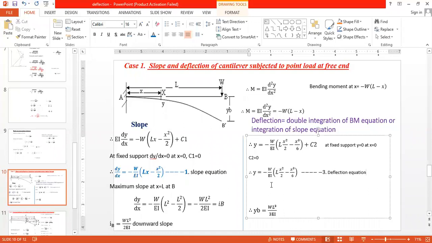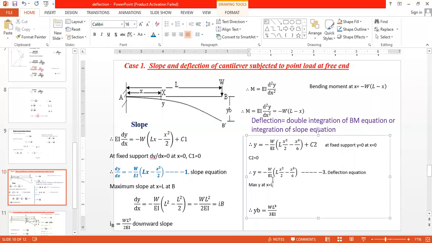Now next, our concern is the maximum deflection. Max y, you will get at x is equal to L. You can observe in the figure also, that at x is equal to L you have y is equal to y max, or it is y B.